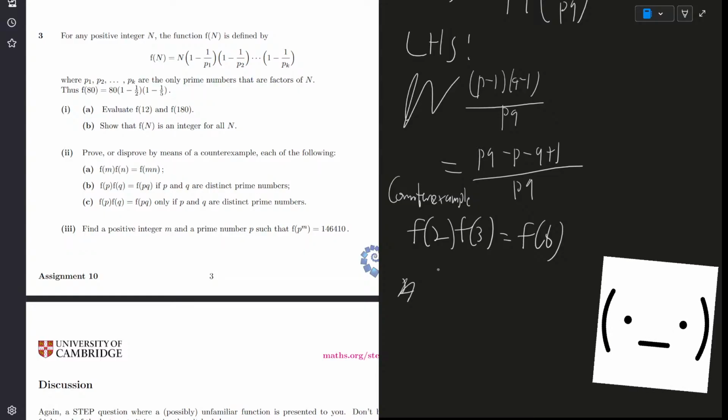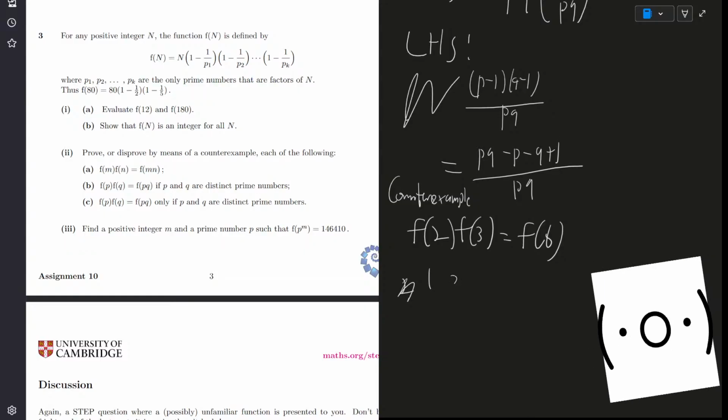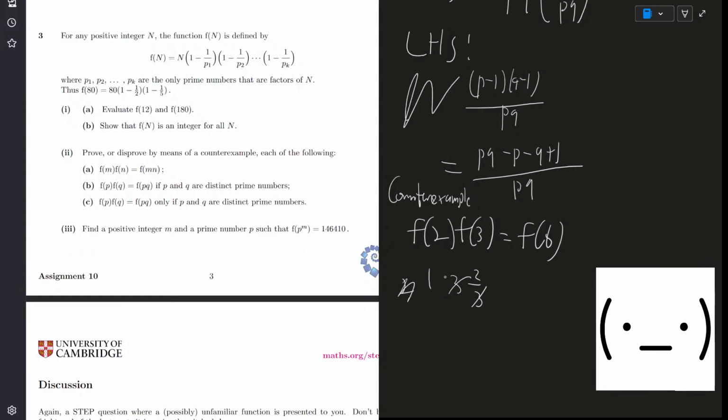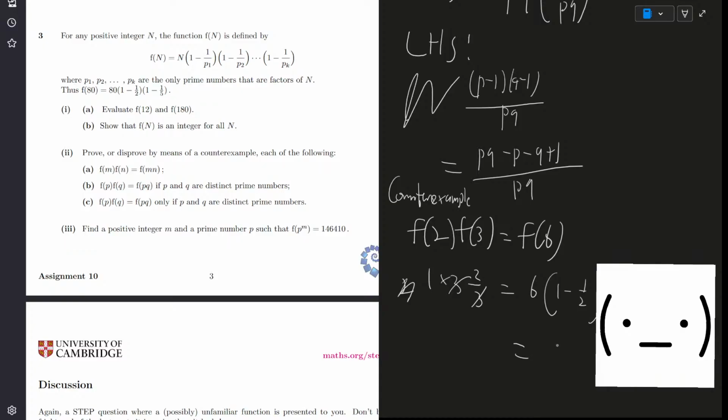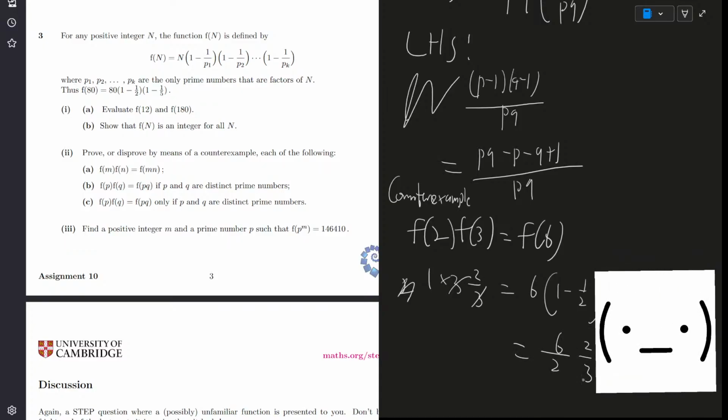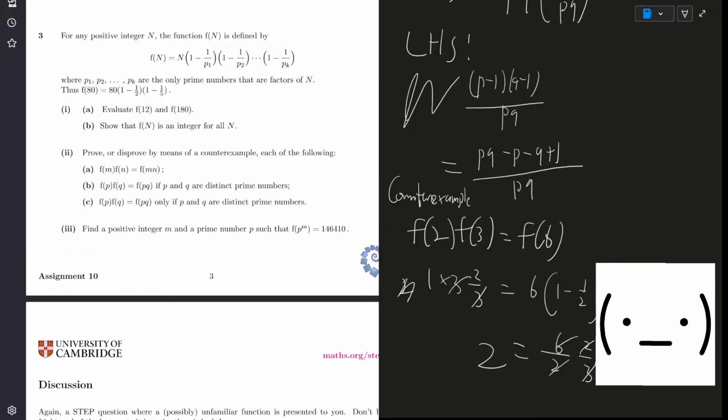So we know f of 2 just equals 1. f of 3, however, did this. Now f of 6. Wait, what? Oh, son of a bitch.